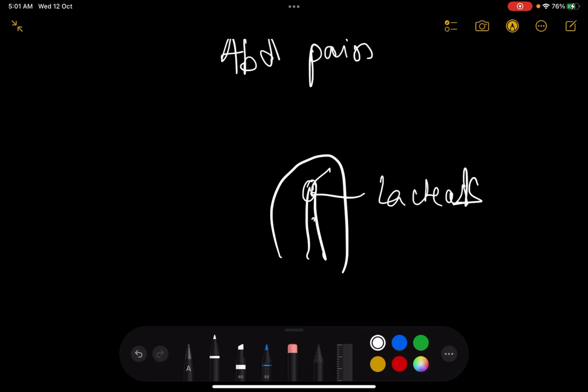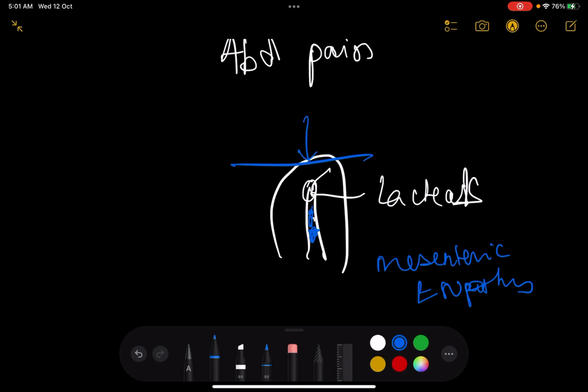So what happens is that these lacteals are blocked by these organisms, and because of this, the mesenteric lymph nodes are involved. So there's mesenteric lymphadenopathy. First of all, they are enlarged. Second is that there is obviously steatorrhea. All the fat that is getting absorbed is not being able to enter into the lacteals, and because of that, there is steatorrhea. All right, there's fat loss.